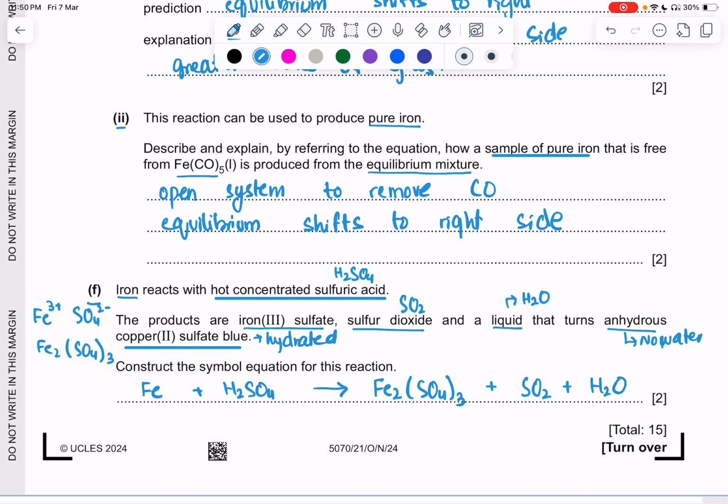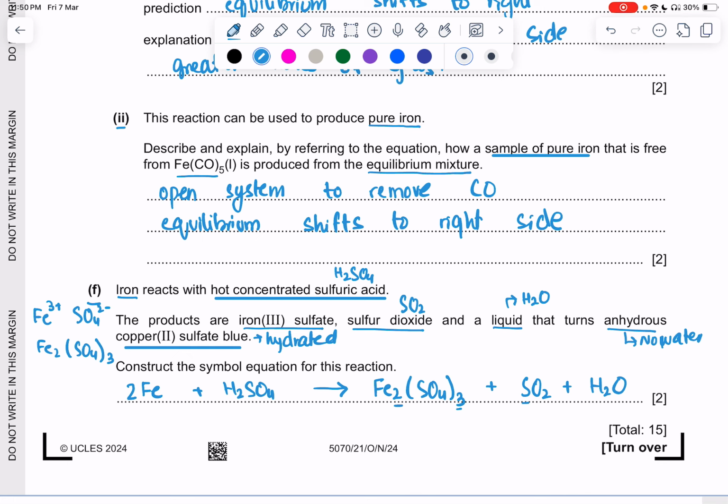It's a two marker, so we have to balance the equation, although it is not mentioned by the examiner. To balance this equation, we have Fe2, so we can write 2Fe here, and we have 3 SO4 and sulfur on this side as well.